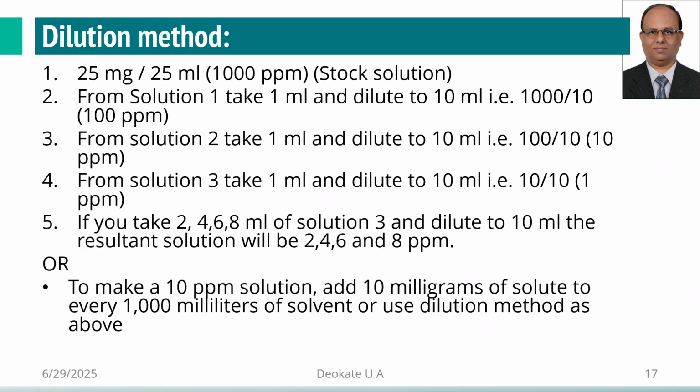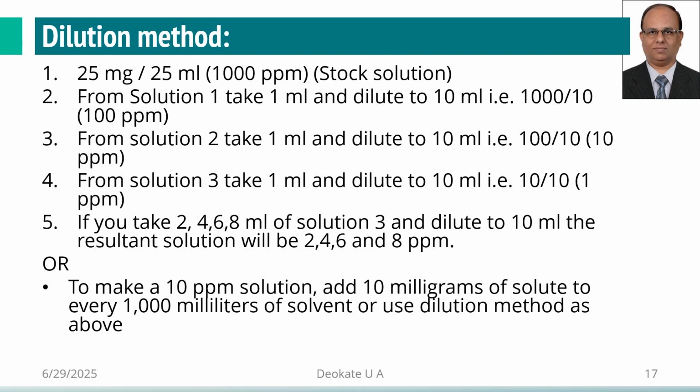Mostly we use dilution methods in the laboratory, because we cannot prepare every solution as 1 liter. In the dilution method, weigh 25 milligrams of the sample and dilute to 25 ml. That will prepare a 1000 ppm solution, known as stock solution 1.